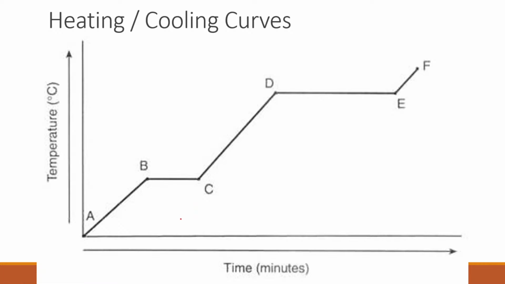Let's talk about these axes. Right here, as we move along the x-axis, we see time in minutes. Right? As we move from left to right here, we're going further and further along in time. As we look along the y-axis, we're increasing temperature from low temperature to high temperature at the top.